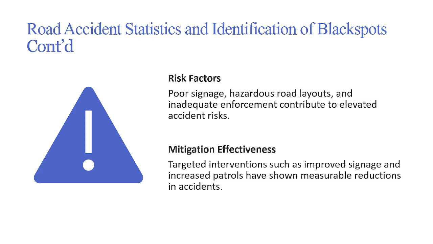So the road accident statistics also help determine the risk factors. For example, poor signage, because you may find that there are accident investigation reports that picked up the causal factors, and some of them can be classified as risk factors: poor signage, hazardous road layouts, and inadequate enforcement contribute to elevated accidents.